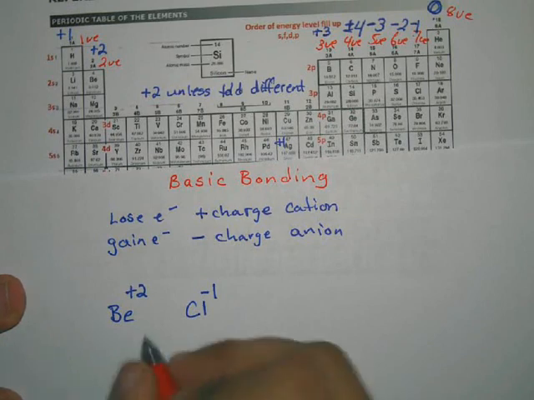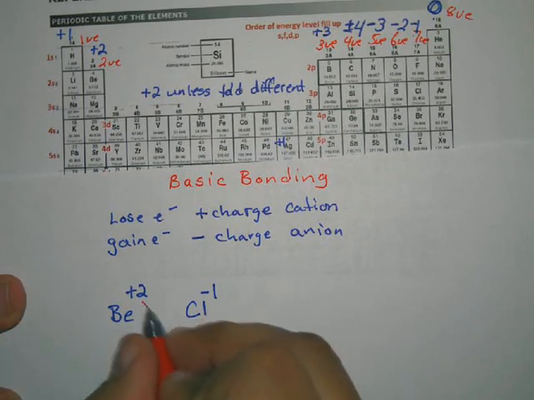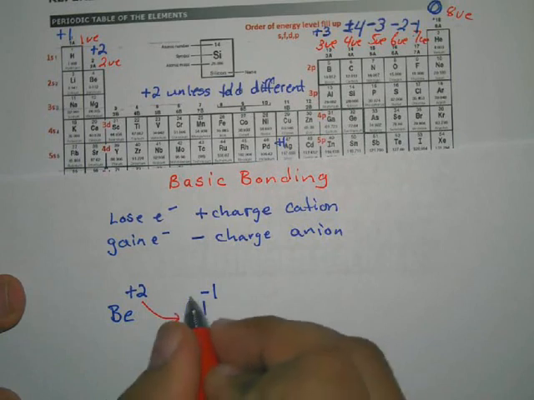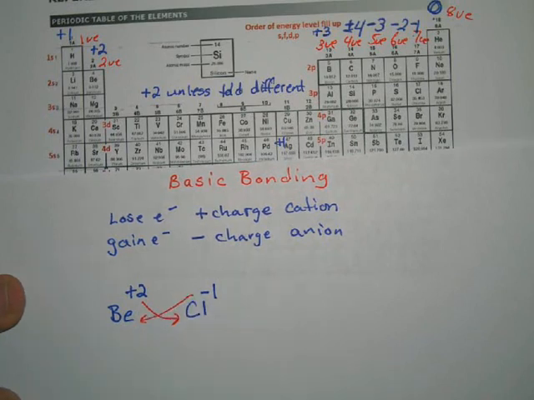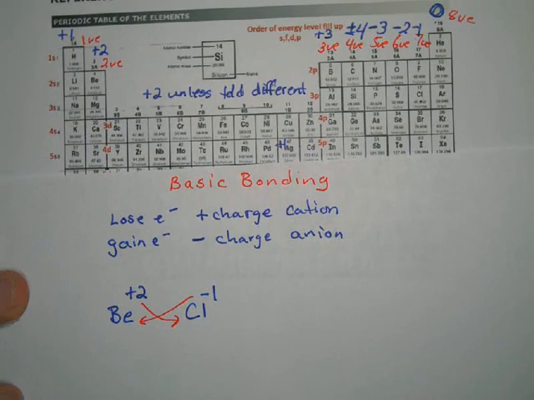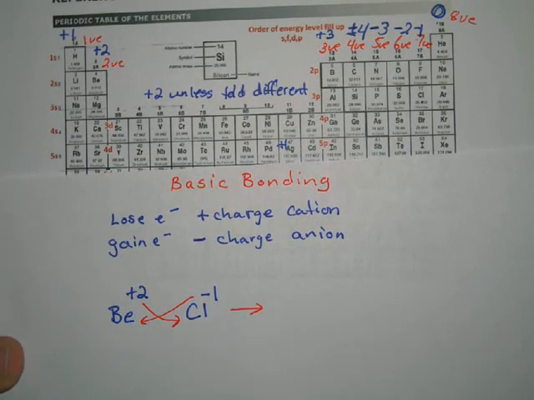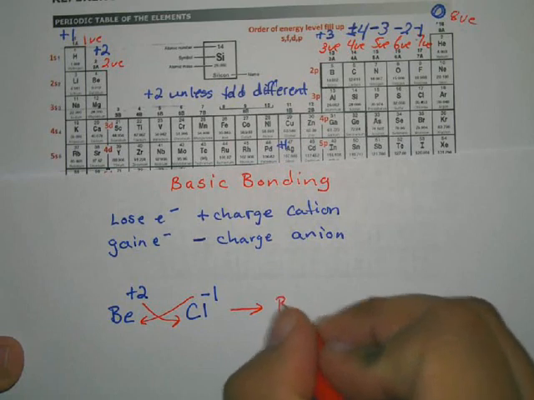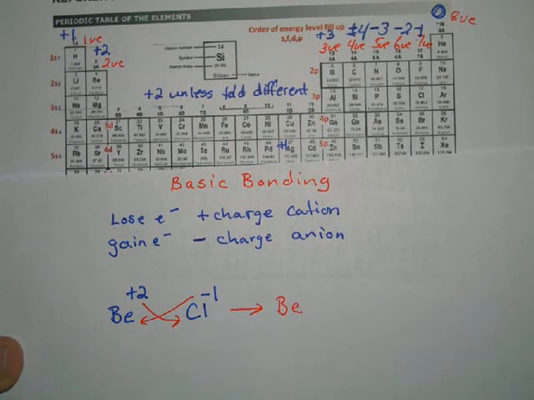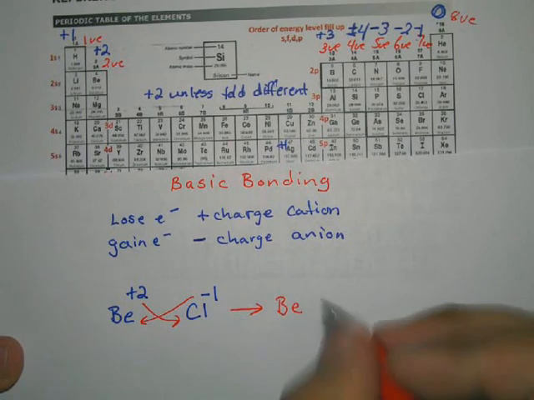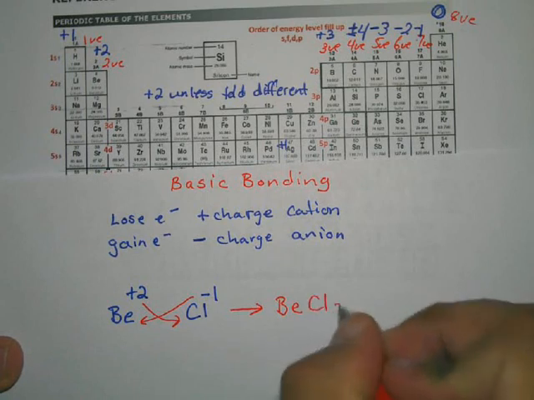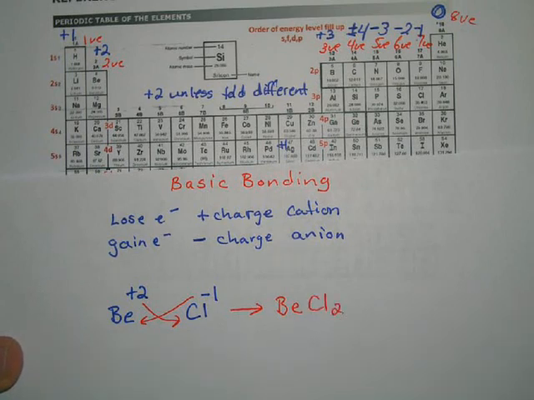So that means 2 is going to go to chlorine and this 1 is going to go to Be. So when these two guys hook up, you're going to end up with a Be with a 1, except in chemistry, we do not write 1s because I can see there's one Be, and chlorine got that too. So we end up with BeCl2. Bonding is that easy, guys.